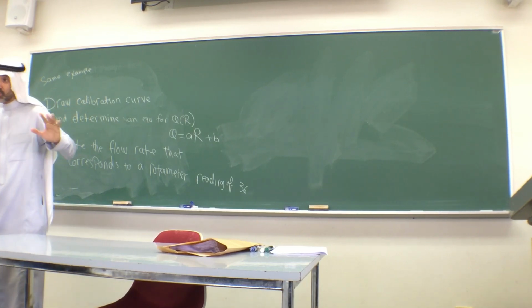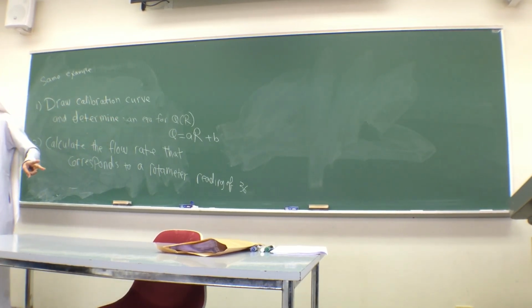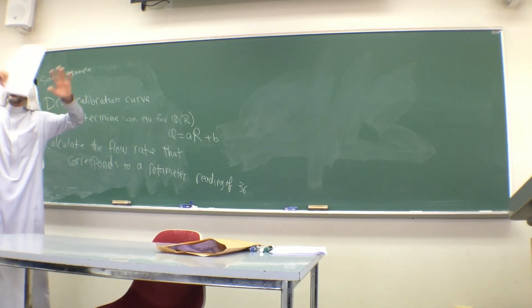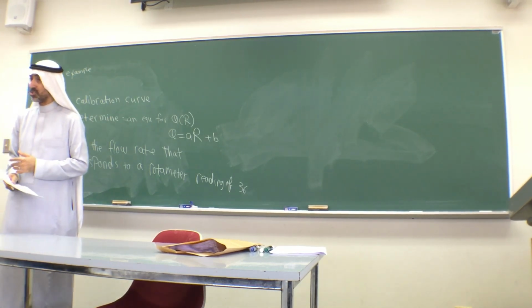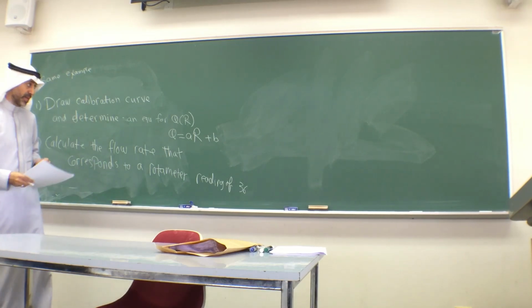Last class we found this, but using only 2 points. Now he wants you to use the whole range of points. Clear, guys? How do we do that?